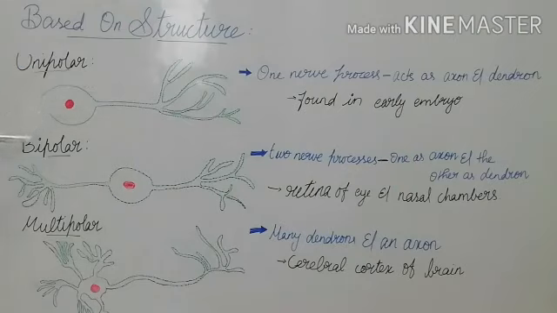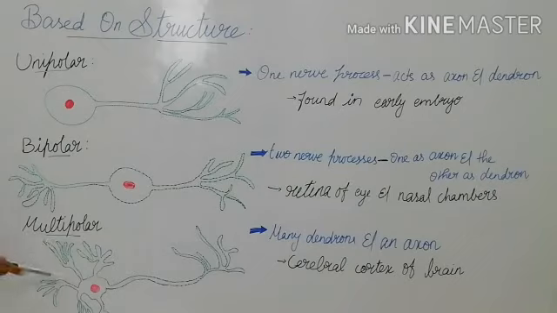And the next is bipolar. In this bipolar neuron, the cyton will give rise to two nerve processes, and one will act as the axon and the other will act as the dendron, and it is found in the retina of the eye and the olfactory epithelium of the nasal chambers. And the next one is the multipolar.